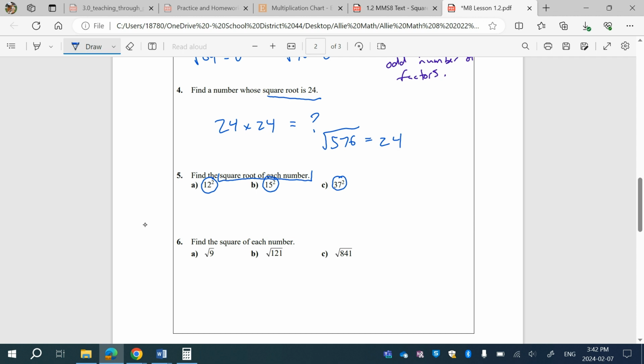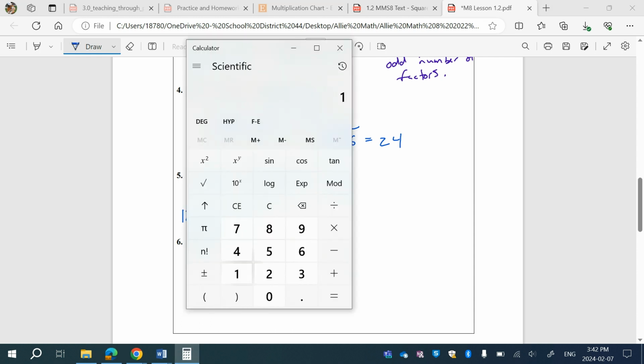Okay, so this is actually saying what is the square root of 12 squared. So let's give it a go. Let's first solve 12 squared. So let's go 12 times 12, and that equals 144. Now let's find the square root. So what times itself would give you 144. So we can go 144, square root.